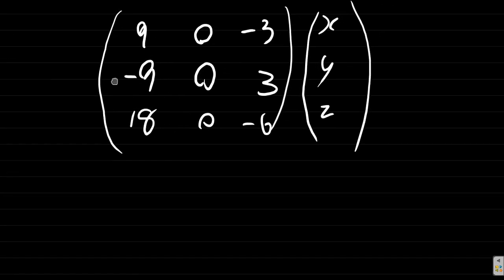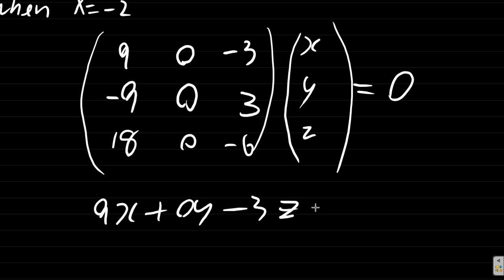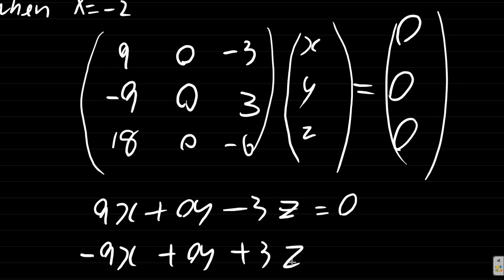So what we have is equals 0. When you multiply out the matrices, you have 9x plus 0y minus 3z equals 0, because this would be 0, 0, 0. Then negative 9x plus 0y plus 3z equals 0.